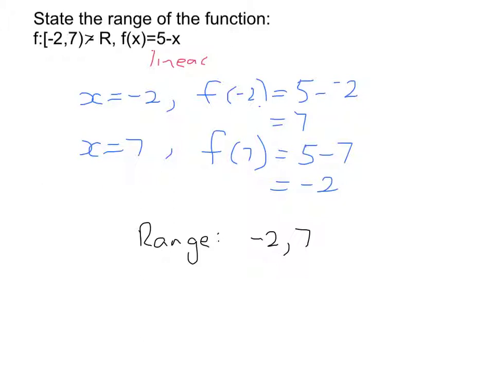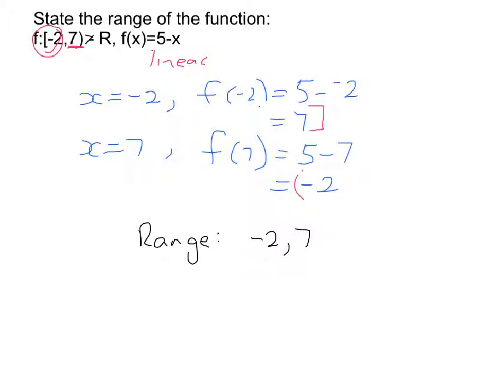Now we need to work out if we have square bracket or round bracket corresponding. So when we looked at the original question, we had square bracket corresponding to negative 2, so that one means this would have to be a square bracket. And we had a round bracket corresponding to the 7, so this would have to be a round bracket.